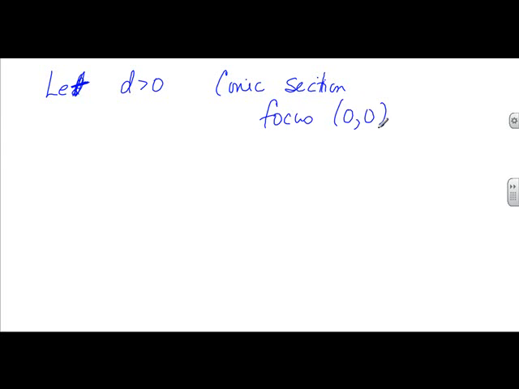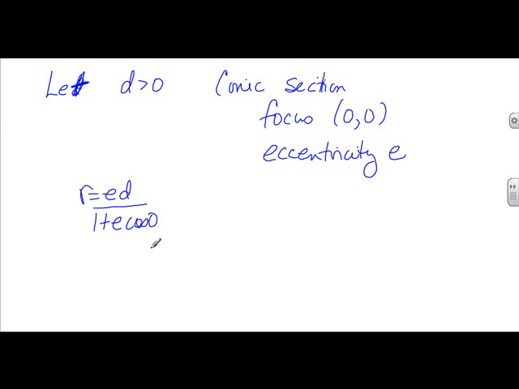Alright, so a conic section with a focus at 0, 0, eccentricity of E has a polar equation r equals ED over 1 plus E cosine theta, or r is equal to ED over 1 minus E cosine theta. When cosine is in the equation, one of the directrix lines would be, okay, and it's one directrix.